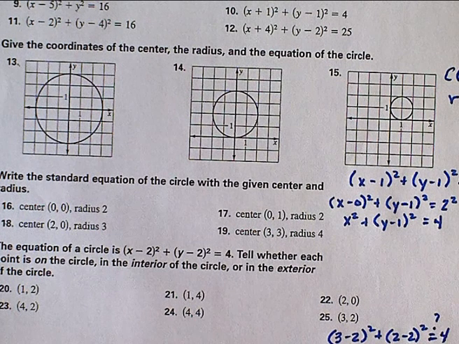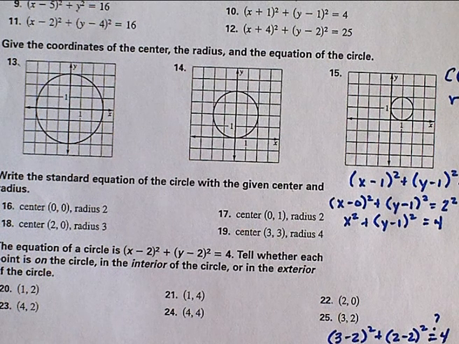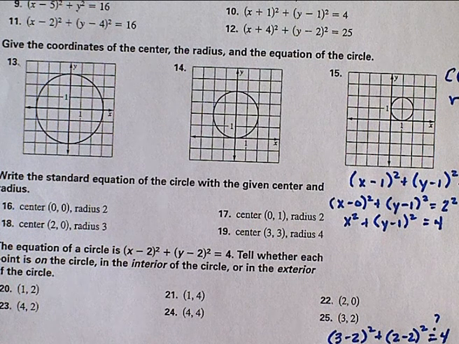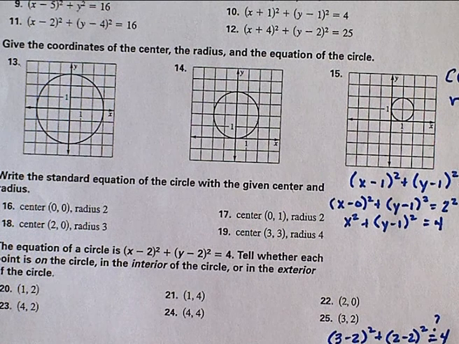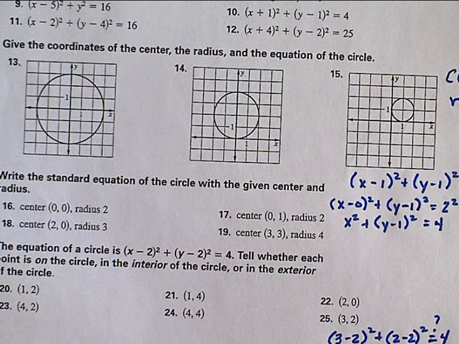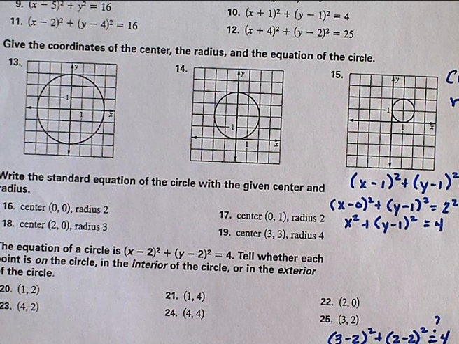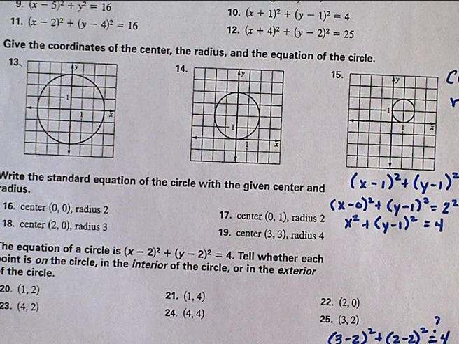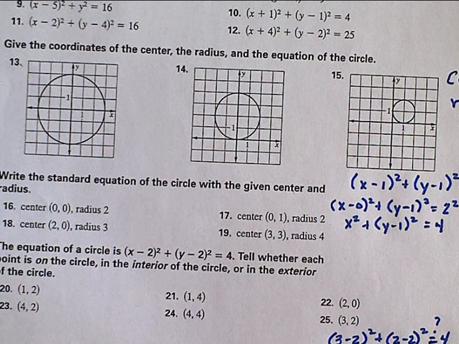So this is 1 squared, 0 squared, and 4. And so you get 1 over here, a 4 over here. Okay, 1 is less than 4. So the point (3, 2) lies in the interior.